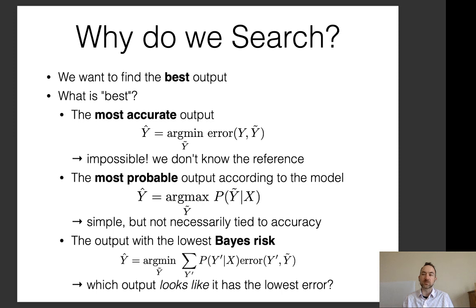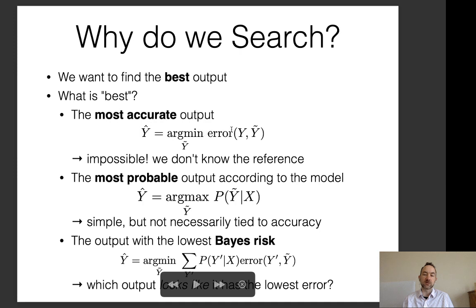So basically what this means is, given what the model thinks are plausible outputs, which output would be the one that is the safest or the least likely to cause a major error? This is good because now it combines the model probability together with our concept of error.